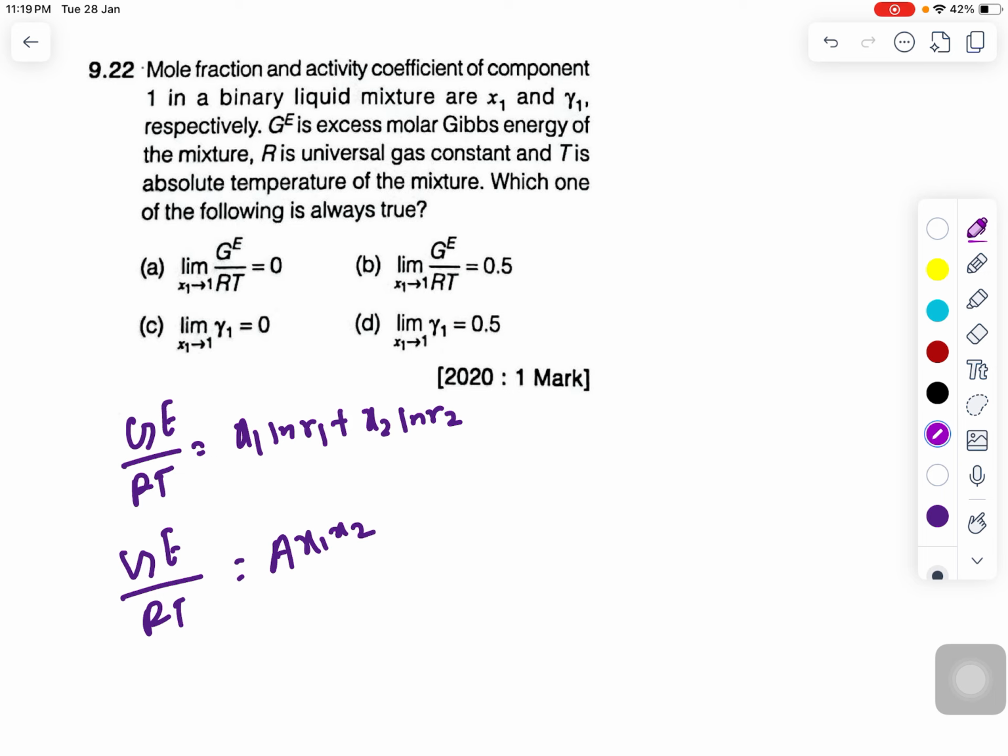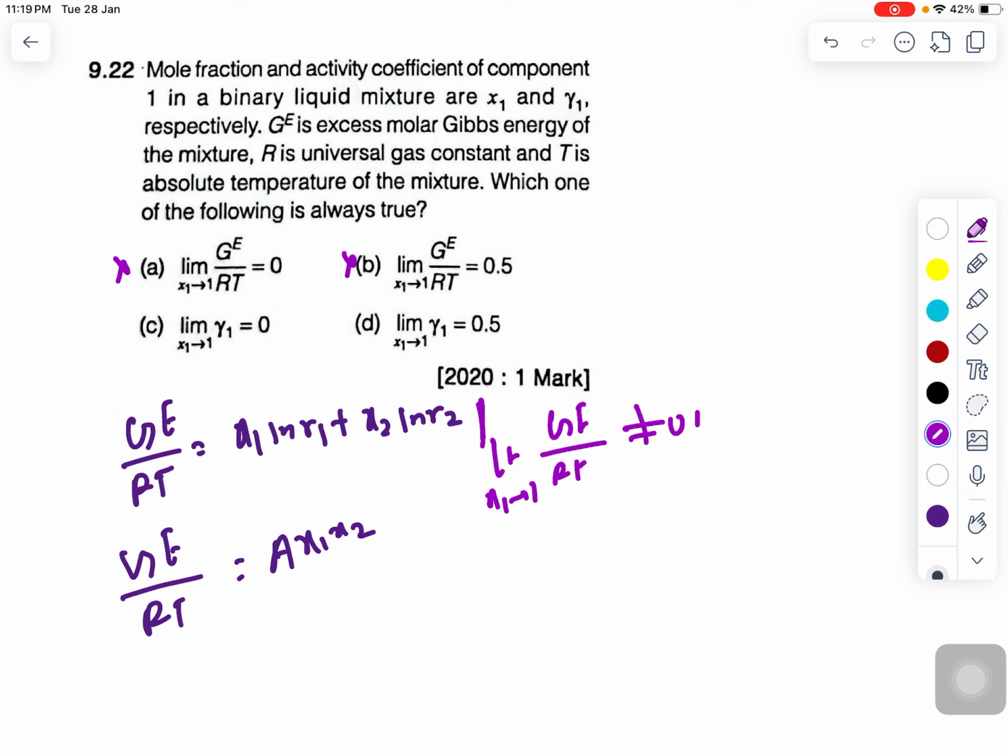When x1 tends to 1, x2 will be 0. So definitely from this equation this is not going to be correct. Let's say GE divided by RT when limit x1 tends to 1 is not equal to 0. So this option will not be always true.